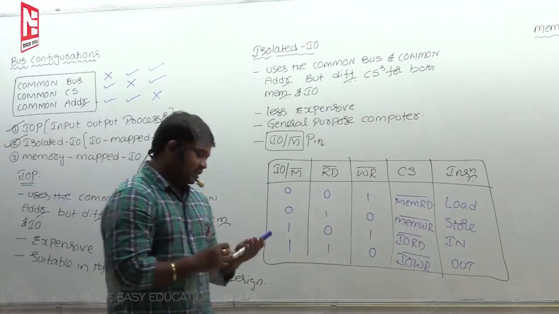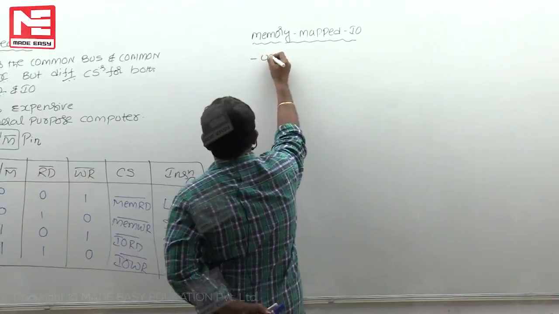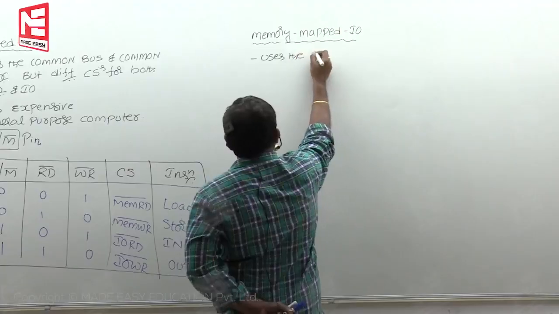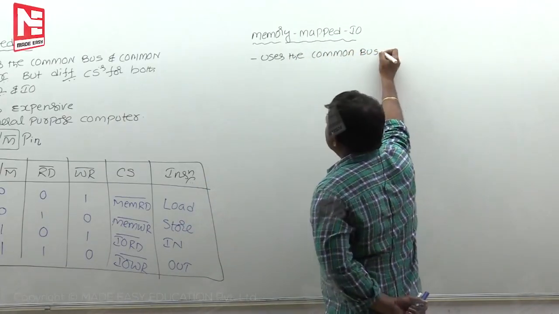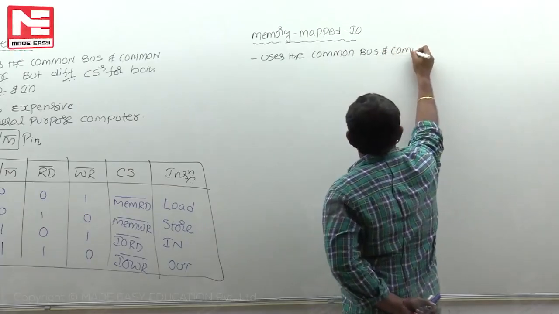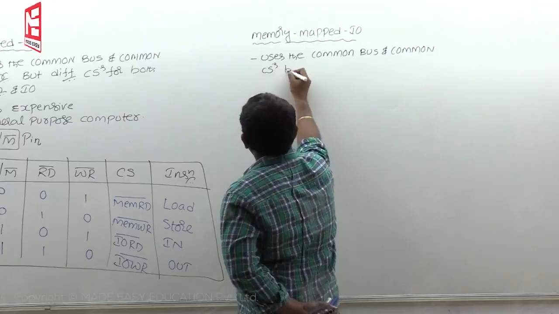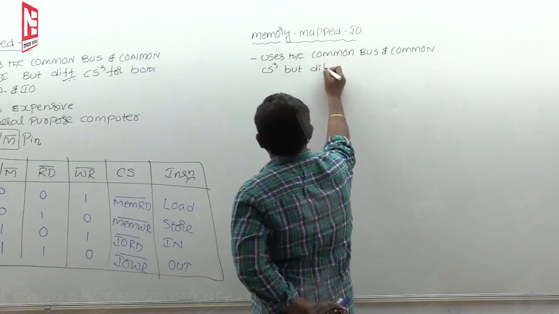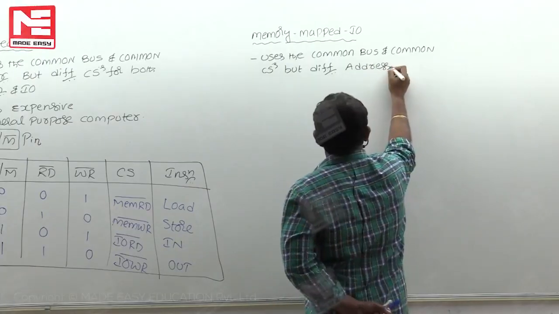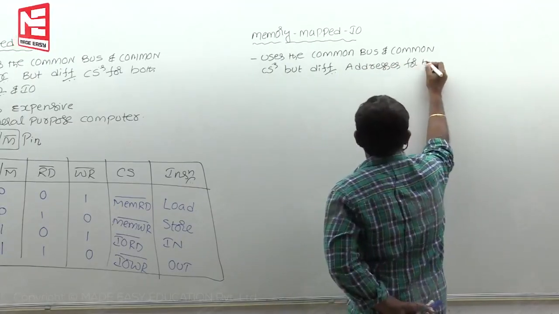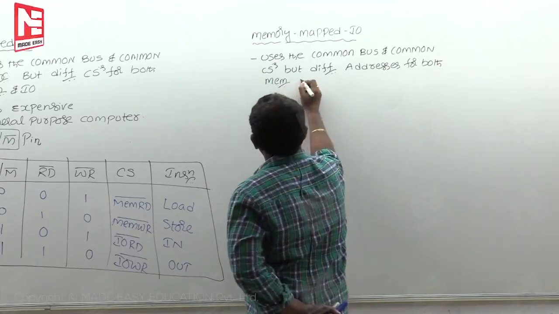Okay. Now see this. Memory mapped IO uses a common bus and common control signals but different addresses for both memory and IO.